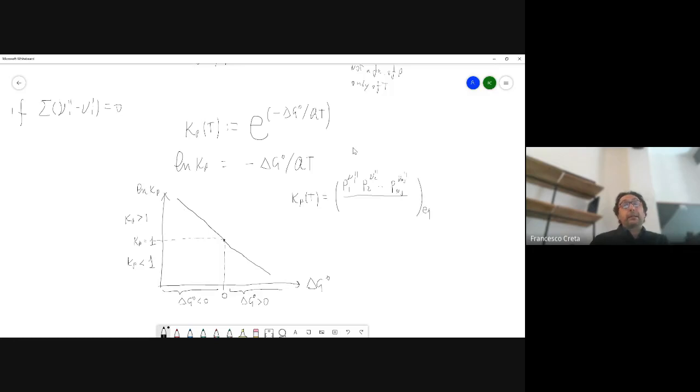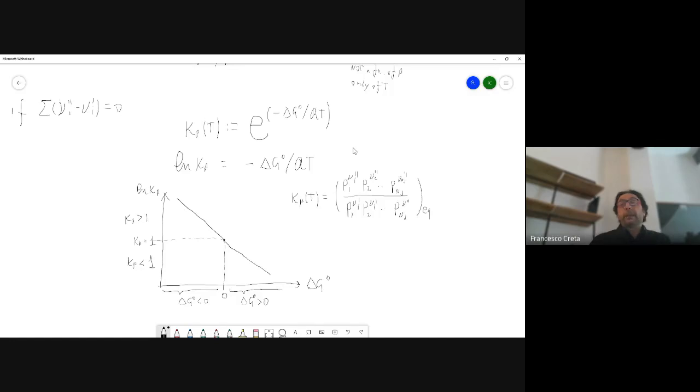Essentially, you expect the species to appear in the numerator as products, not reactants, because reactants have a 0 here as a Ni double prime. On the other hand, the reactants will appear in the denominator because they're elevated to the single prime stoichiometric coefficient, okay?